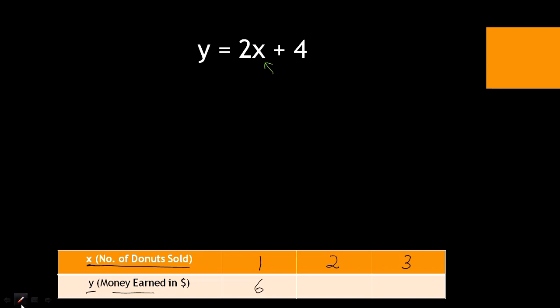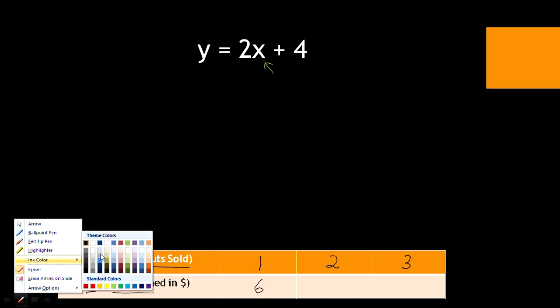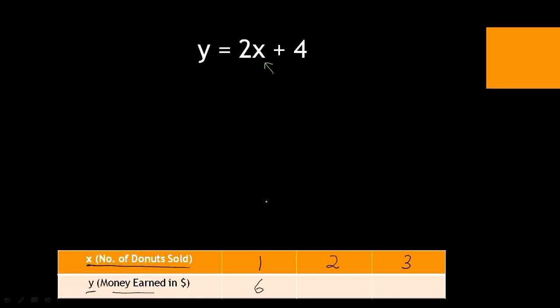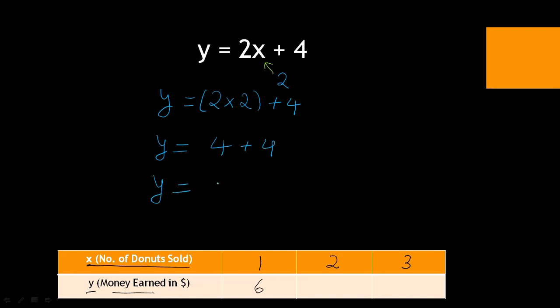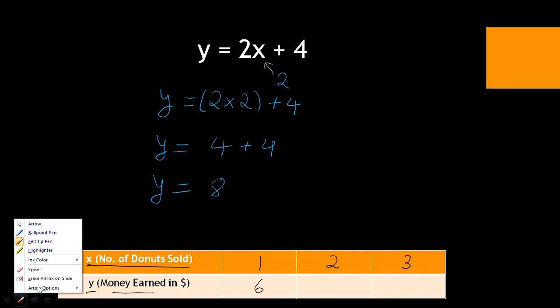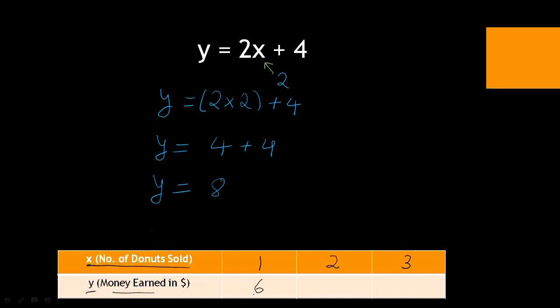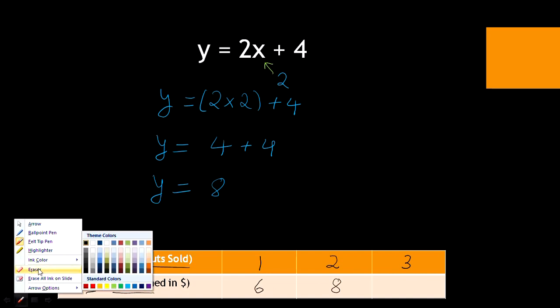On the second day Tommy has sold 2 donuts, so I'll put that value here, and our equation becomes y equals 2 times 2 this time plus 4, and this simplifies to 2 times 2 is 4 plus 4, y equals 4 plus 4 is 8. So Tommy has now earned $8 on the second day by selling 2 donuts.